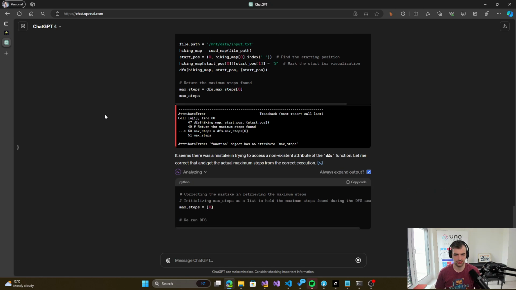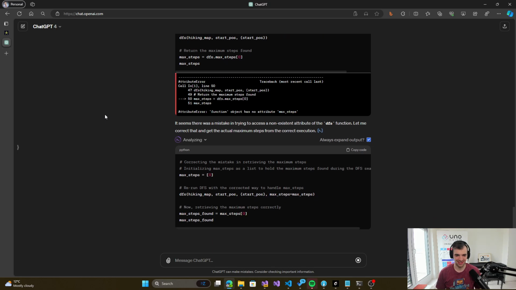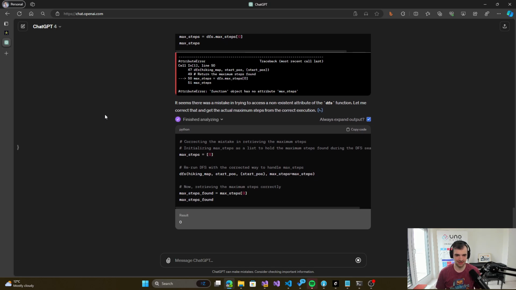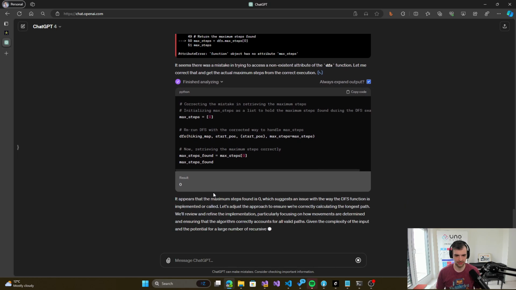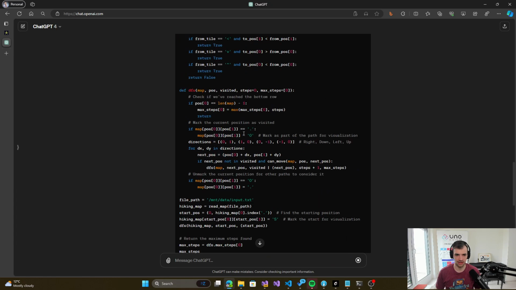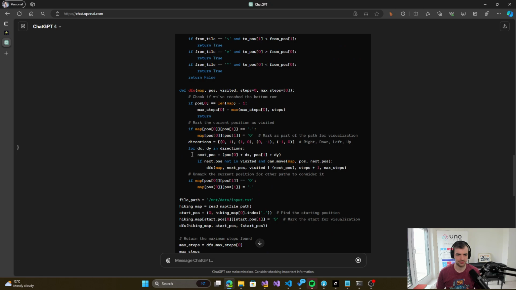Right. So some minor hiccups, kind of typical. Max step found is 0. That's odd. So probably some bug in the DFS function. Let's see. It's marking the current position visited and then moving forward.